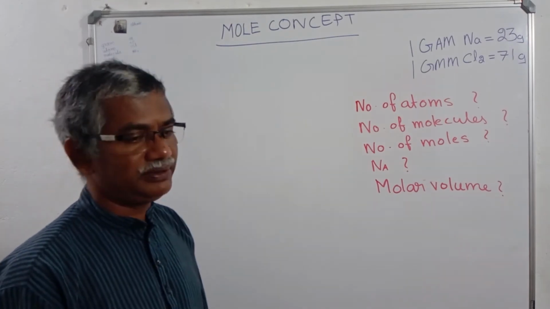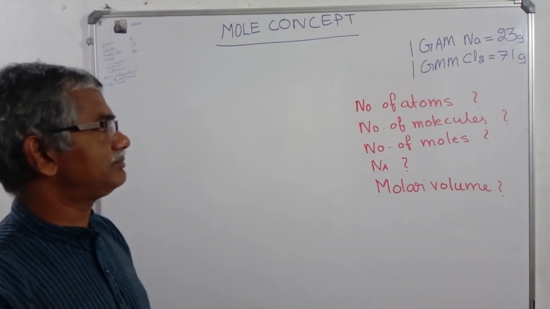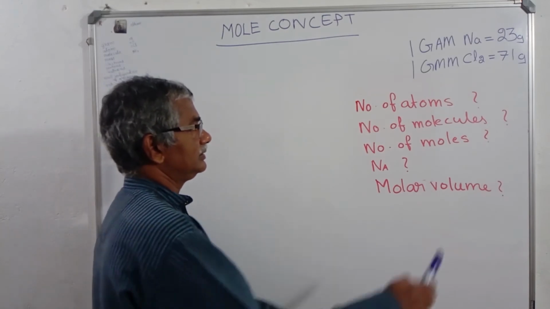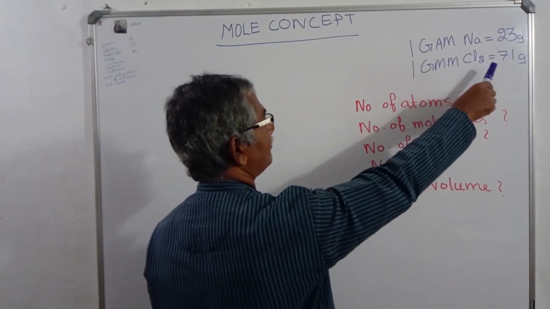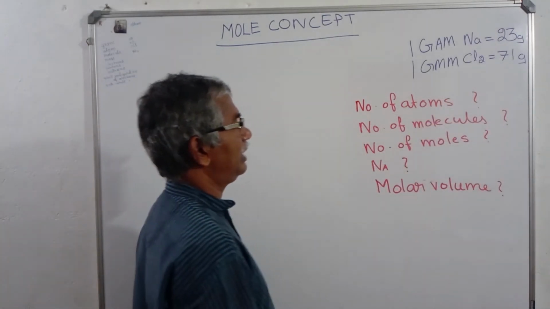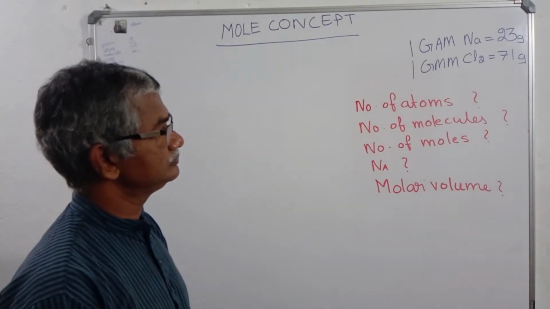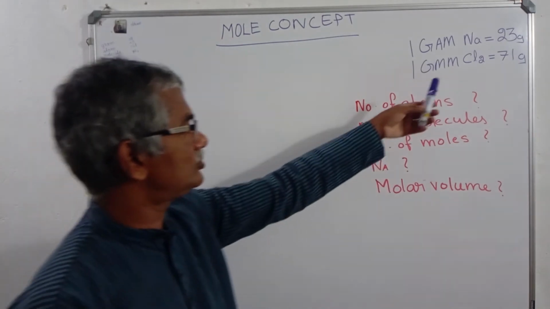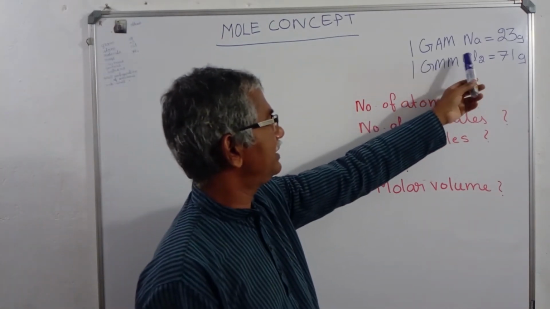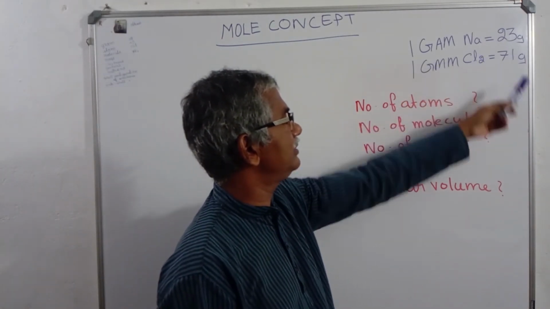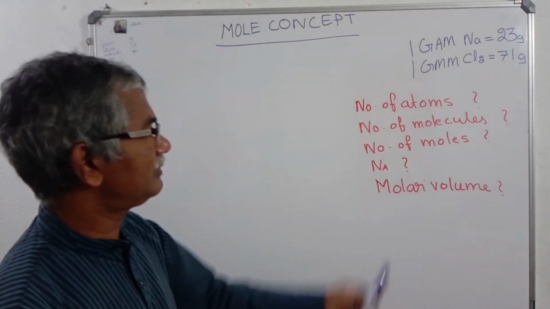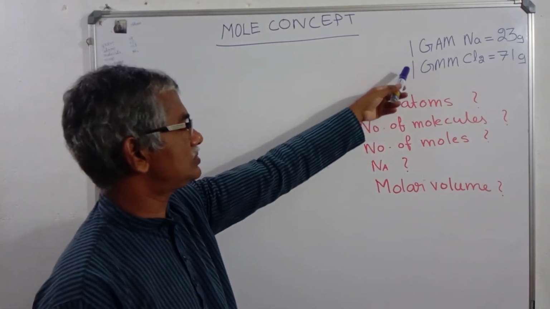Therefore, it is happening. We have no time to discuss that matter. In case of chlorine, atomic mass is 35.5. So it is diatomic. Therefore, 1 GMM chlorine means 71 gram. You have to remember these two things.